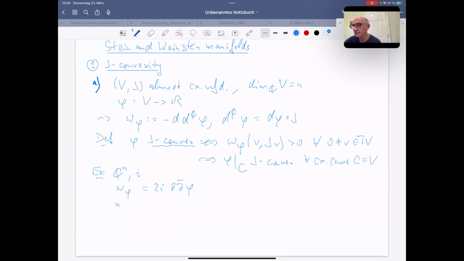For n equals 1, you work out in coordinates that you get a multiple of the Laplace operator. So phi is i-convex with respect to the standard complex structure i in complex dimension 1 if and only if the Laplacian of phi is positive, meaning that the function phi is subharmonic.